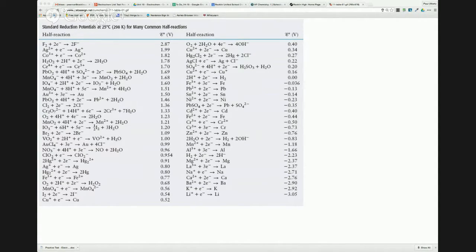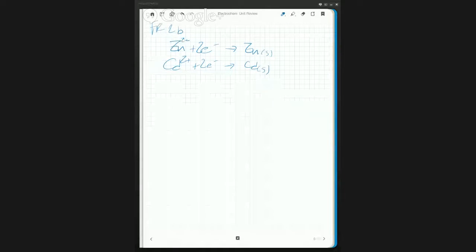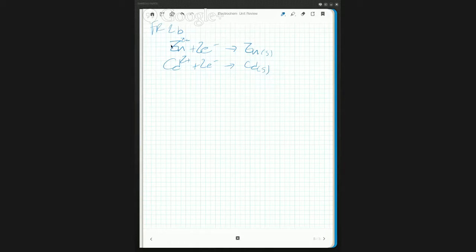Okay. So let me go back and share the bamboo tablet. There we go. All right. So the cadmium's like this, and so the zinc is not like that.